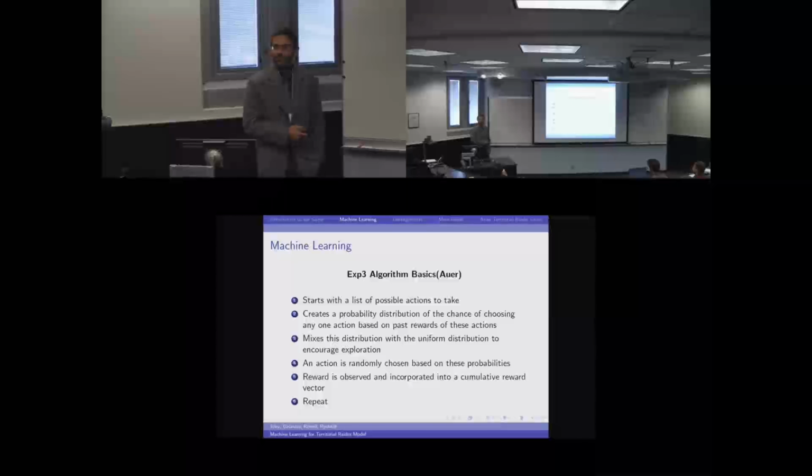Now, this itself would not really work well because you could easily miss something that you haven't experienced before. So in order to not miss any equilibrium, you mix this payoff-based distribution with a uniform distribution, so that you still have some non-zero chance to go somewhere you didn't go at all, or maybe that you went to once and got a low payoff just by chance, because it didn't work out that time.